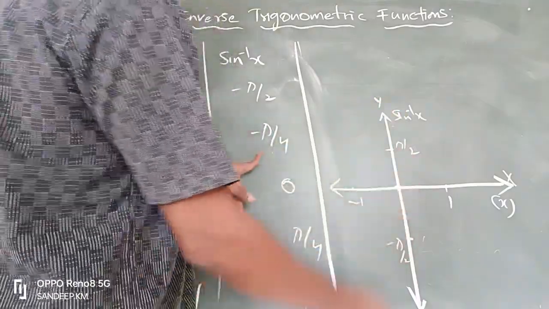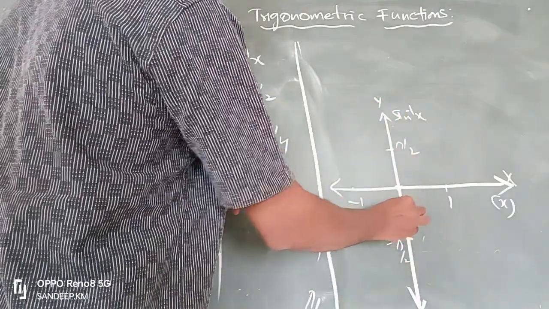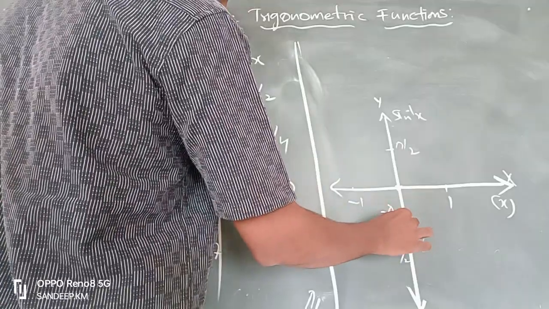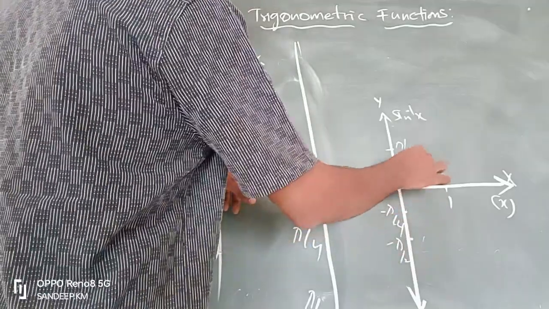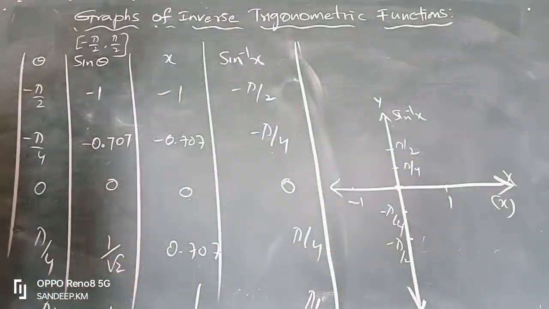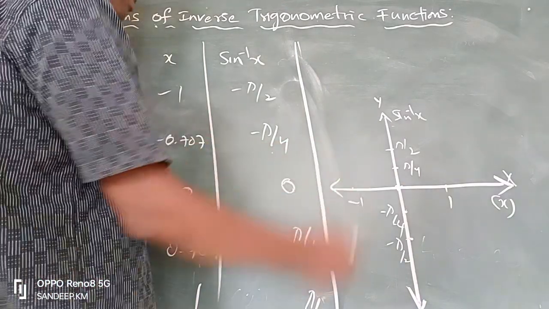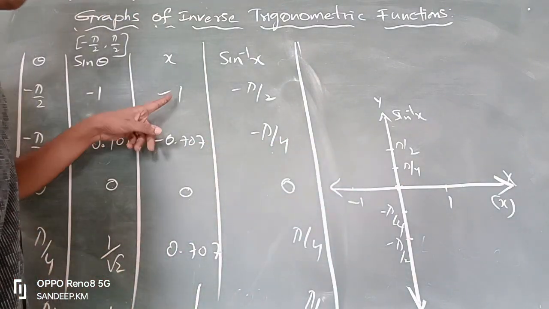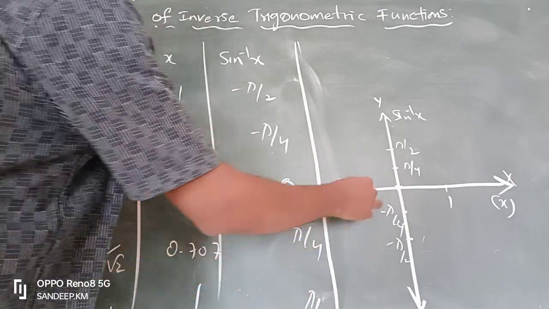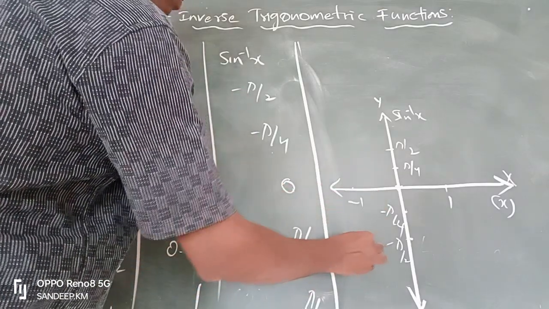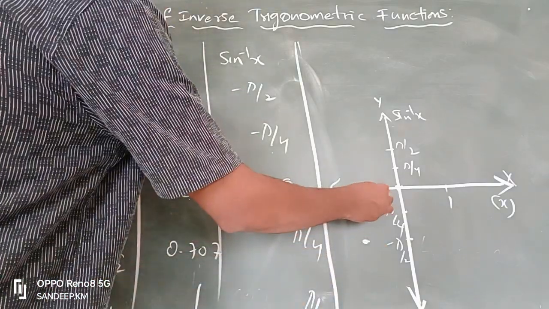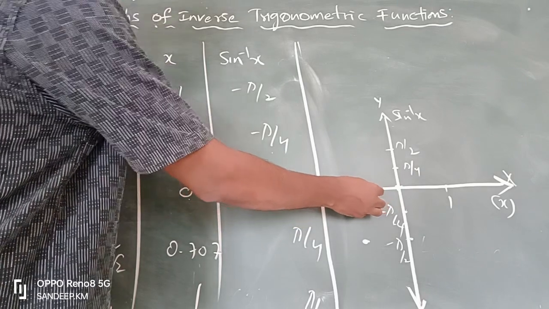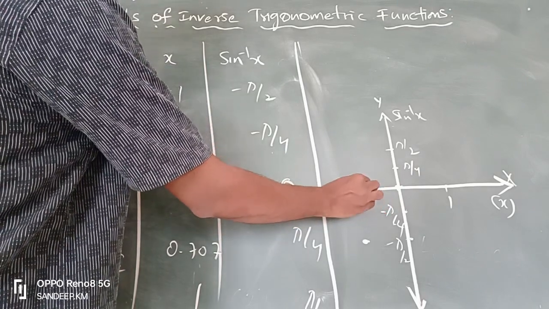0 degrees. Okay, this is pi by 4, minus pi by 4. And this is pi by 4. Now let us start drawing the graph of y is equal to sin inverse x. So when input is minus 1, output is minus pi by 2. And this is minus 0.5 and this is minus 0.7.